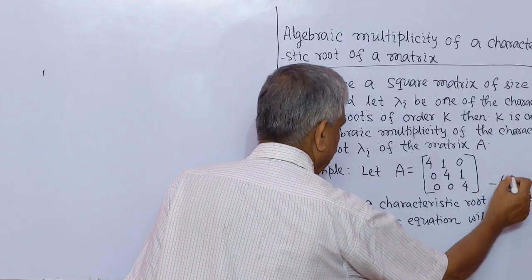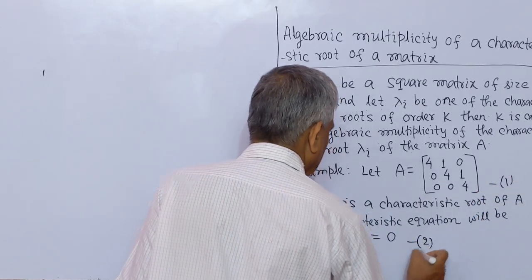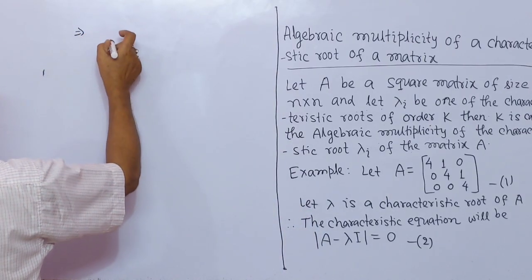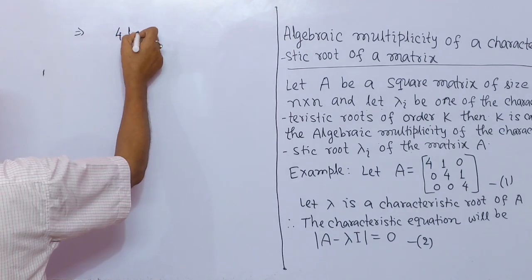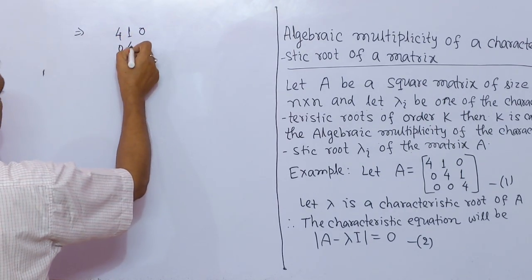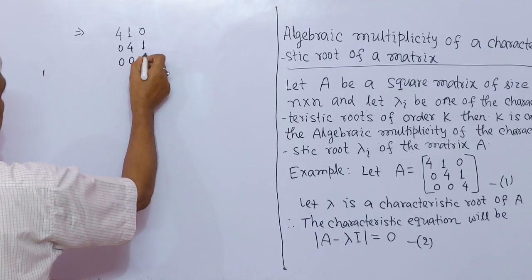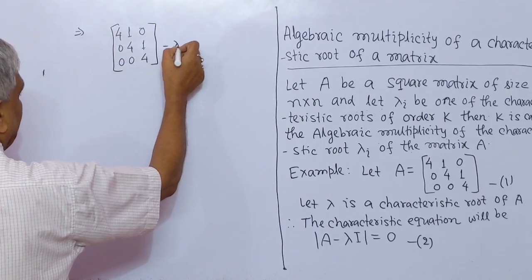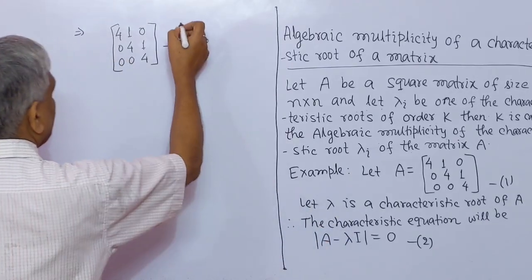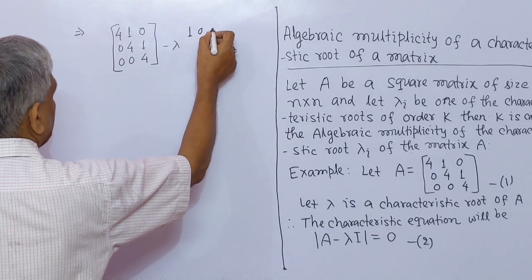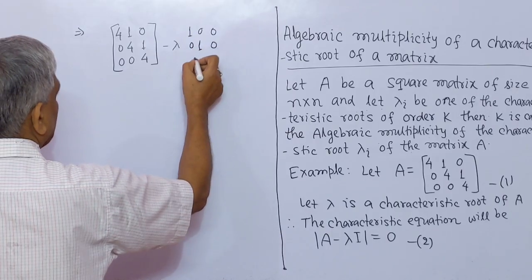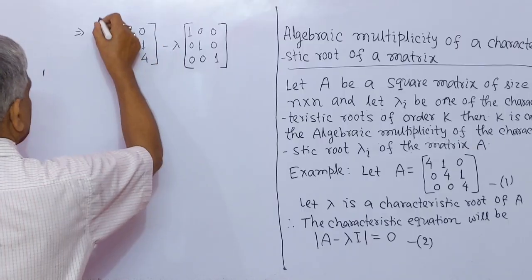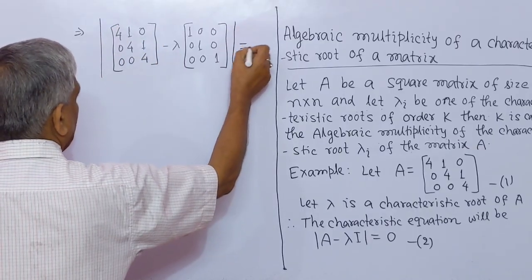Let this be number 1, this be number 2. This implies that A is the matrix 4, 1, 0, 0, 4, 1, 0, 0, 4, minus lambda times the unit matrix I, 1, 0, 0, 0, 1, 0, 0, 0, 1, and its determinant equals 0.